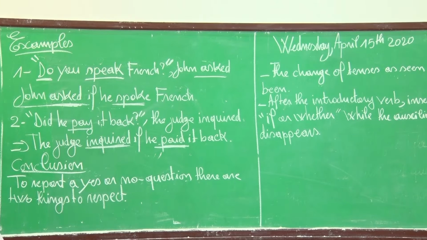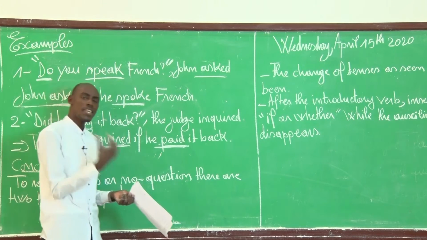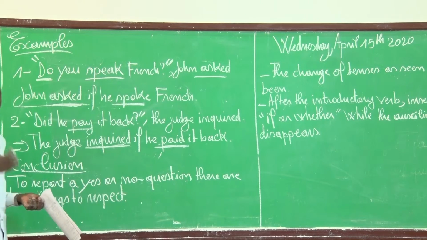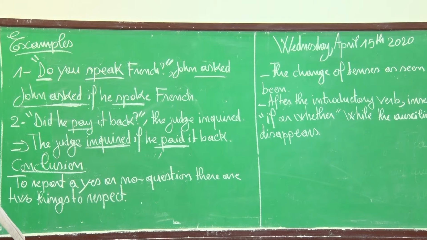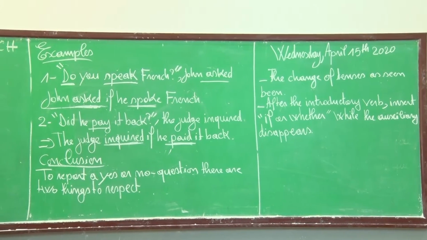This is the first part in reported questions, how we can report questions. At the very beginning, I told you that there are two kinds of questions: yes or no questions and the double H questions. Good. I think that here it is clear.